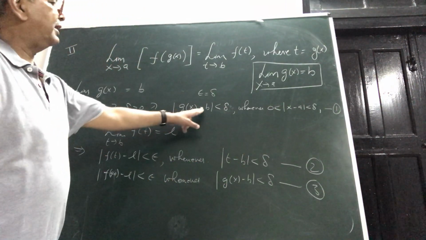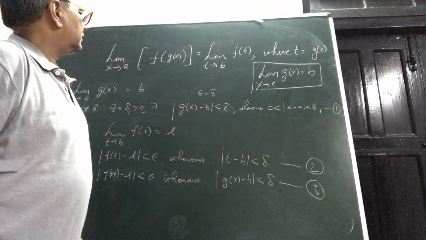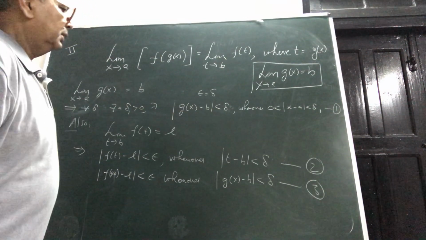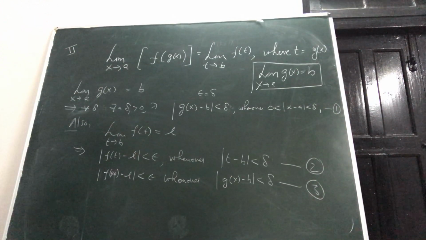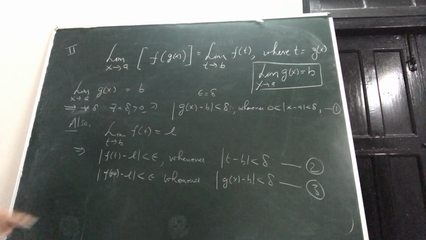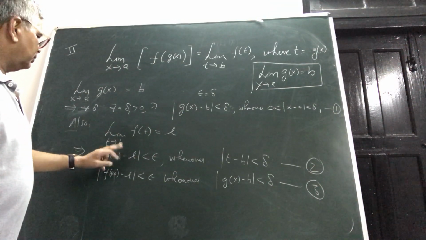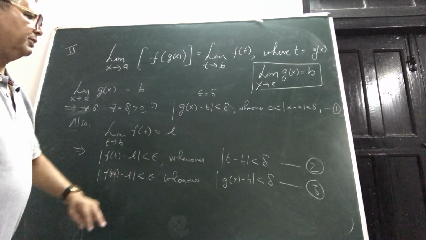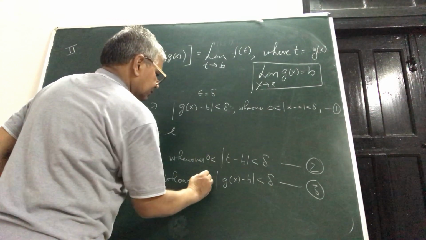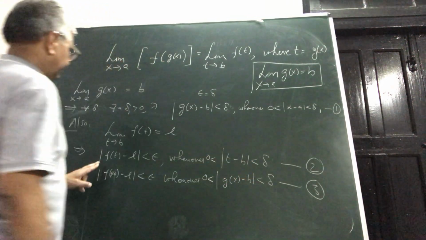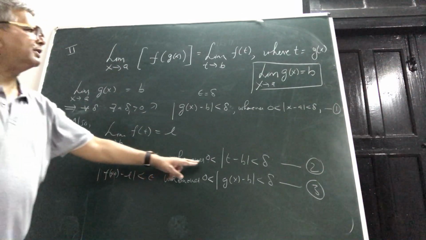Here the limit is t tends to b, so you have to include 0 also: 0 is less than mod t minus b is less than delta. This correction you have to make. Then f(t) minus L will be less than epsilon whenever this holds.